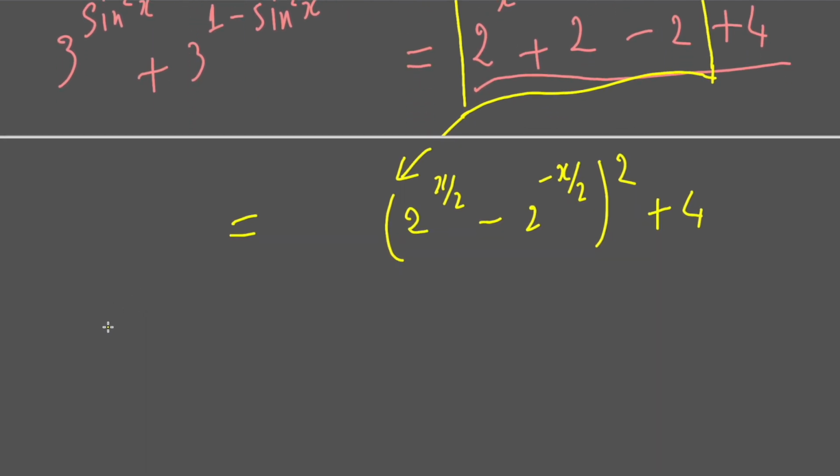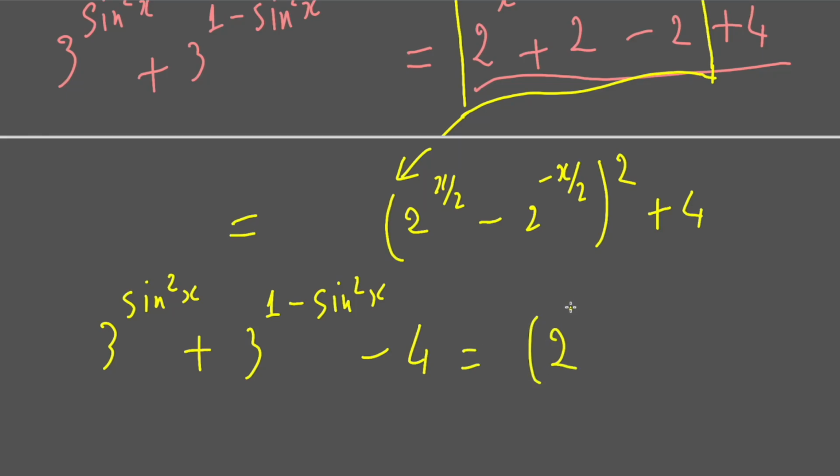Then we move the 4 to the left hand side: 3 power of sine square x plus 3 power of 1 minus sine square x minus 4 equal to 2 power of x over 2 minus 2 power of negative x over 2, squared.